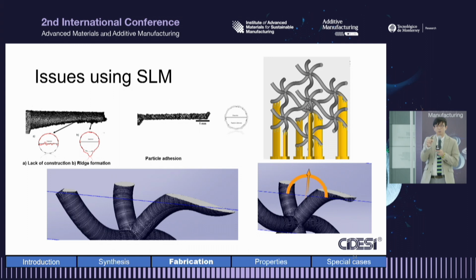It might be a single point, and if that point is not properly attached to the base, once the machine moves, it's going to be removed, because it will start with a very tiny little point. It won't start with a big part. So being able to produce these structures with such complex geometries still requires a lot of tuning or adjustment of the parameters.